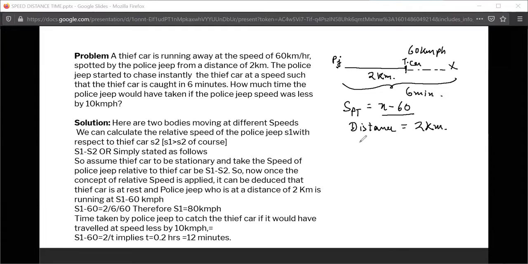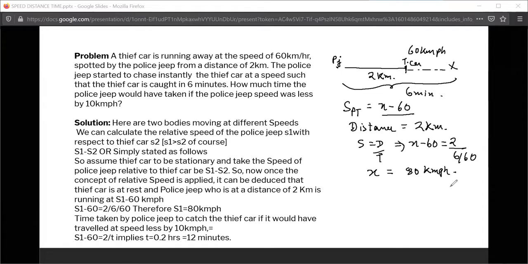Setting the equation of motion, speed is equal to distance by time. Here it implies x minus 60 equals distance 2 by time 6 minutes. In hours, it will be divided by 60. To solve this, you will get the speed x as 80 kmph.